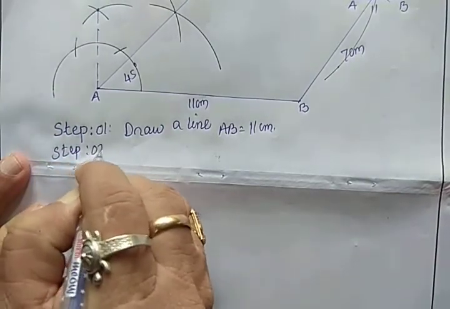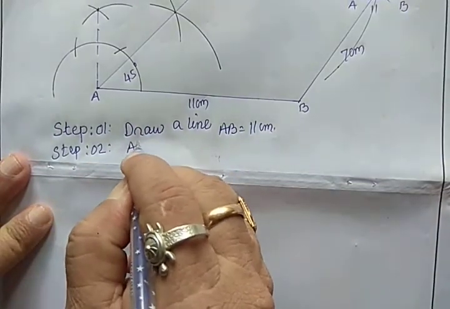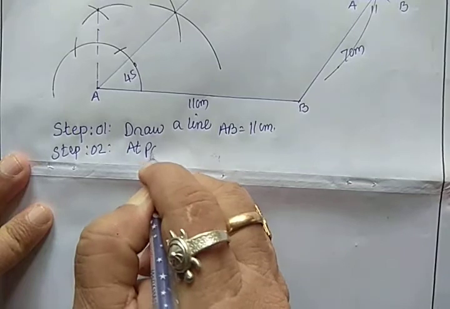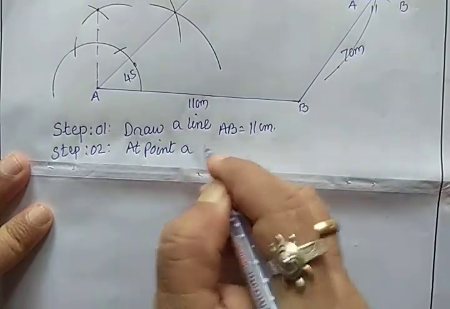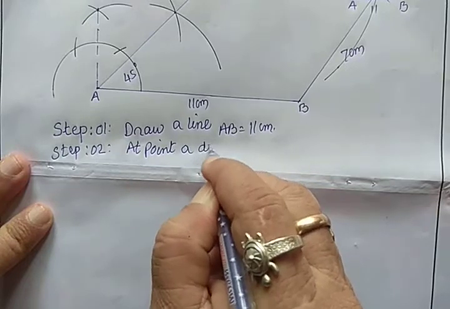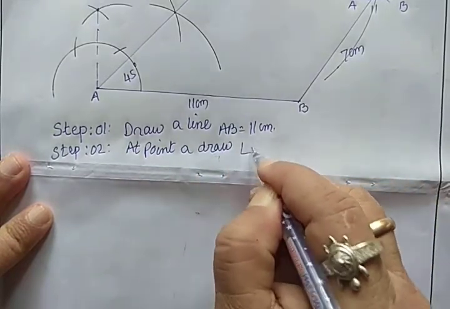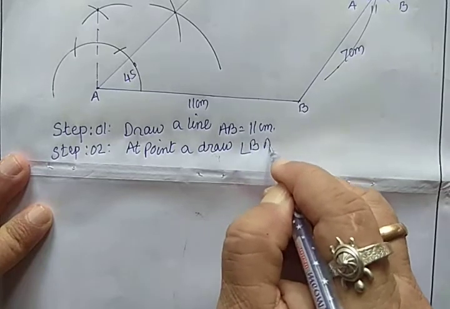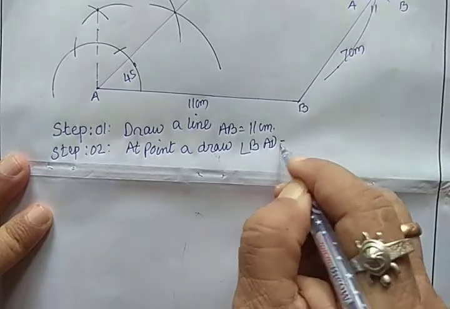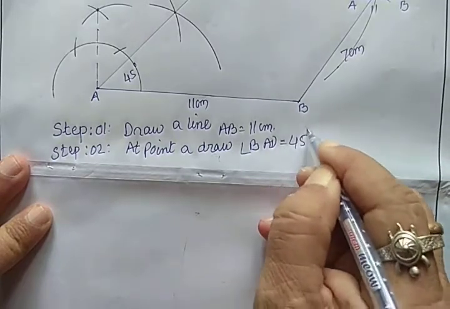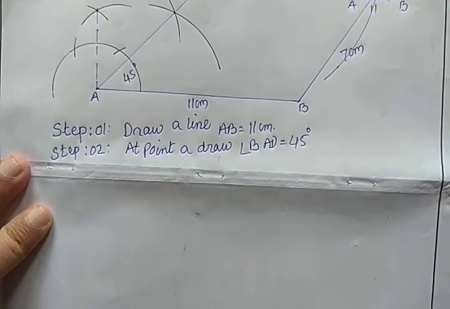Step 2. At point A, draw angle BAD 45 degrees. Clear?